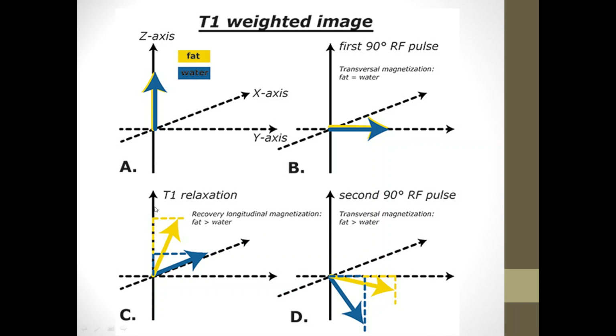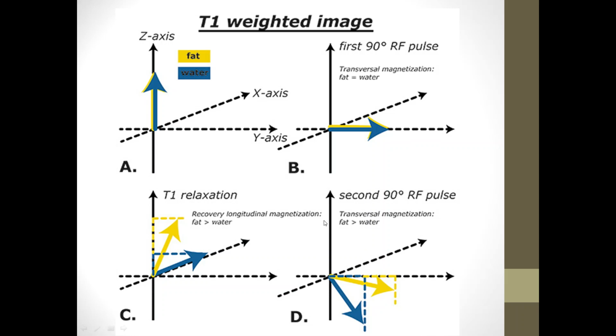So we have to give another 90-degree radio frequency pulse, which causes the fat and water magnetization to be flipped in the XY direction again, to differentiate between the magnetization coming out from protons and the main magnetic field.